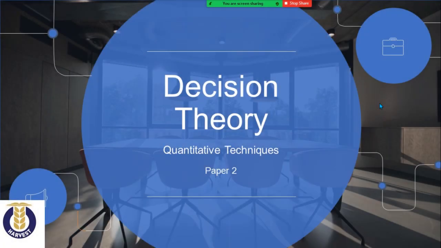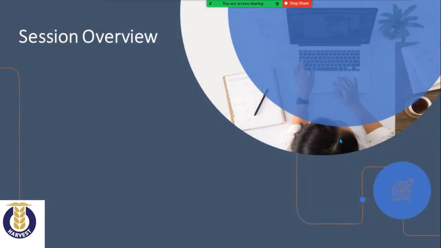We are going through decision theory, and under this unit we are going to look at the meaning of decision making. This topic surrounds itself on decision making. Then we shall look at the decision making concepts.